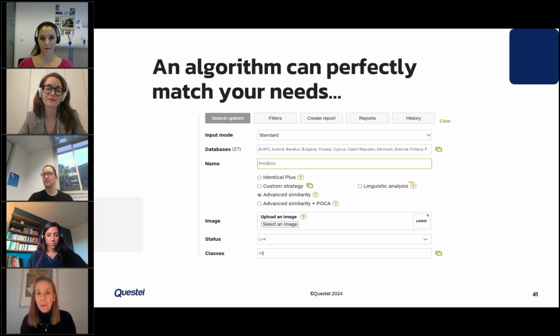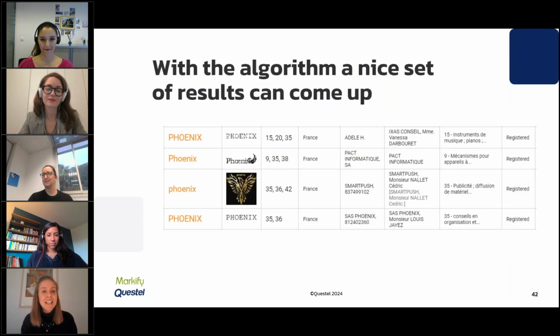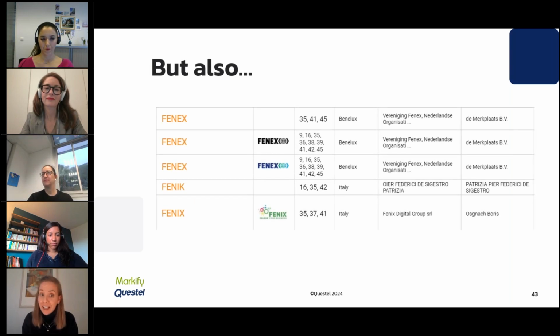It's a very popular thing to search when you're trying to test the database, to see what type of results you get. And obviously, you get a nice set, first of all, the obvious ones, which are the identical ones. And then if you are dealing with a good algorithm, you will get a number of phonetically similar or visually similar prior trademarks.